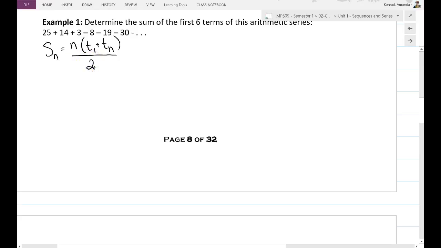Okay, and off to the side, I'm just going to fill this in, identify my variables. So T1 equals 25. T6 is what we're looking for. The sixth term is going to be our last one, and that is negative 30.